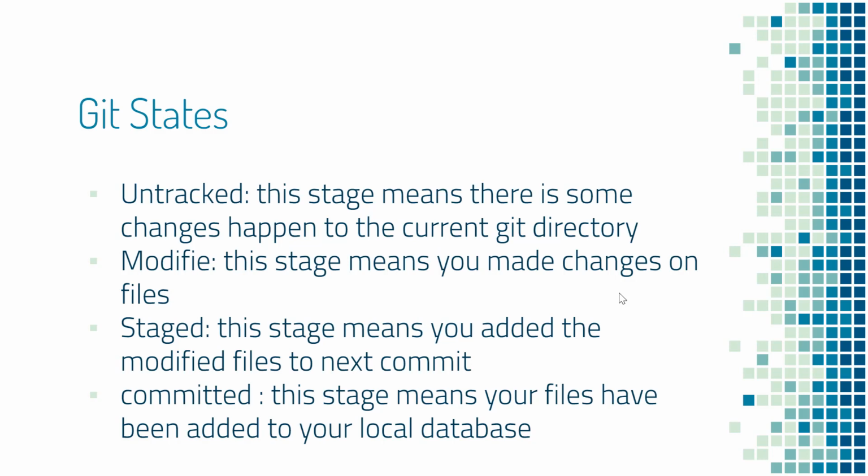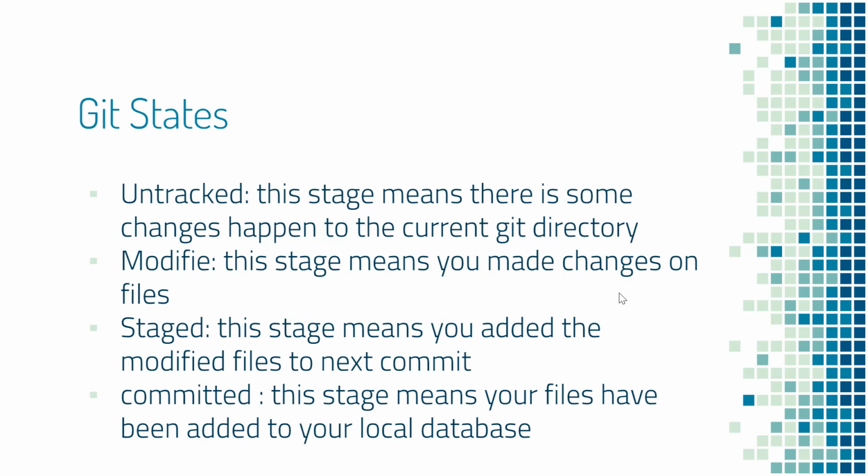When you are working with Git, there are some states that you have to understand. It's really important to understand how it works. Say you have a directory, and this directory is Git enabled.